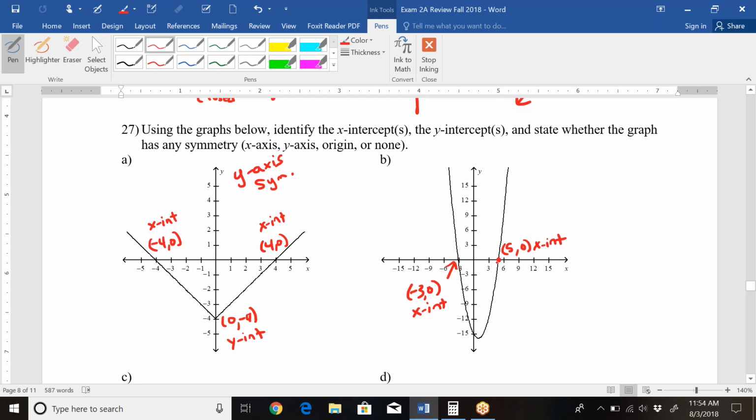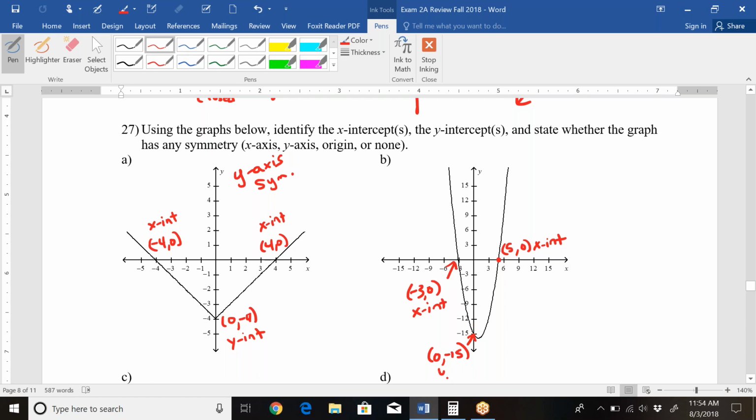This is -3 to 5, so that is a distance of 8. Halfway between would be 4, so that's going to be at 1 for that vertex. But we don't need that. We need the y-intercept. Sorry, I was thinking about the vertex. So yeah, the y-intercept is -15.